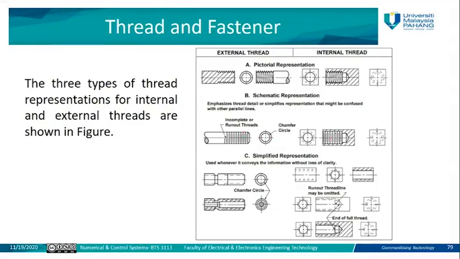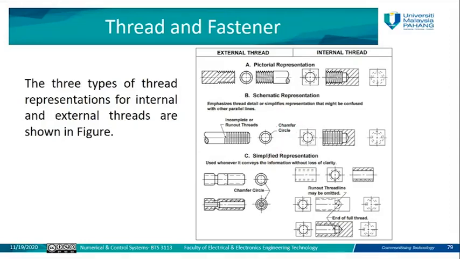It has more details, but this looks more real, or more similar to the actual thread, which is the pictorial representation. Here it is more schematic, so just drawings. So maybe count how many threads, what is the angle of the thread, what is the diameter of the screw, and so on. So they call it the schematic representation.